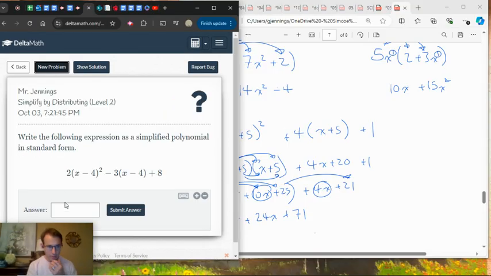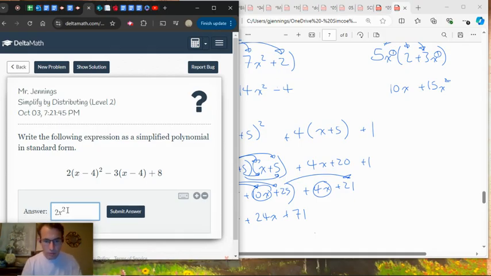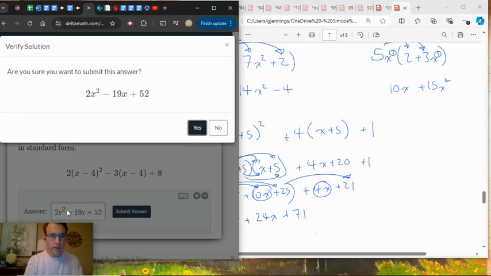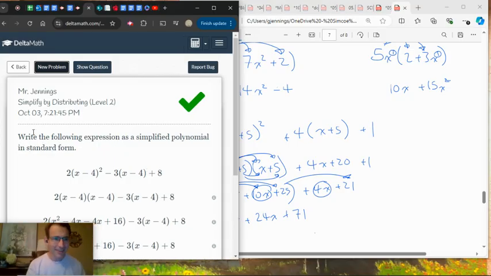Okay, this one is 2x squared minus 16, minus 19x. So 16, 32, 44, 52. Yeah, okay. So see if you can get fast working these.